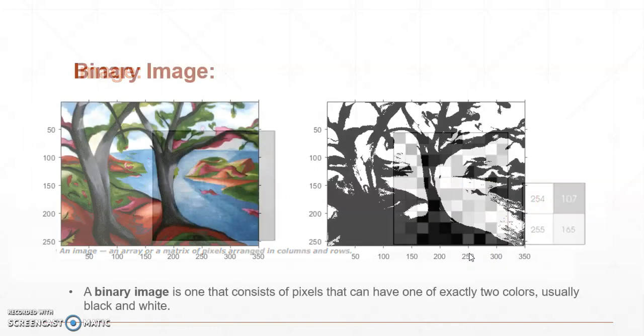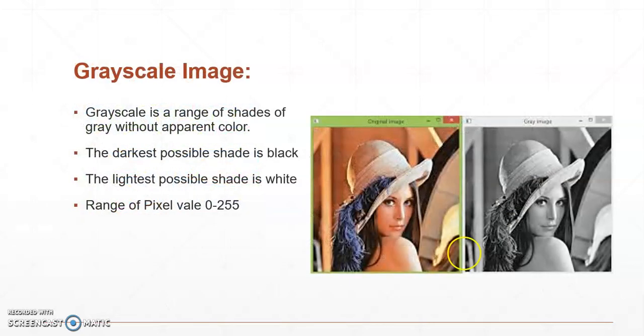Over here you can see this is a grayscale image. This is a color image, and in a grayscale image there is no color. It has shades of gray, and the darkest possible shade is black, and the lightest possible shade is white.